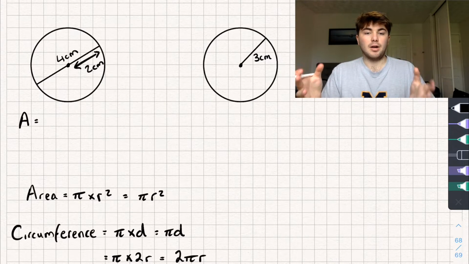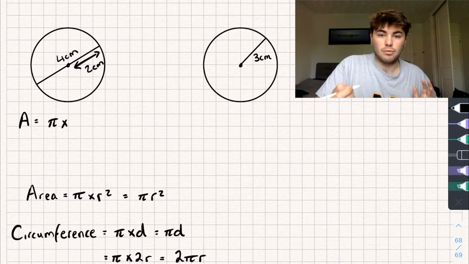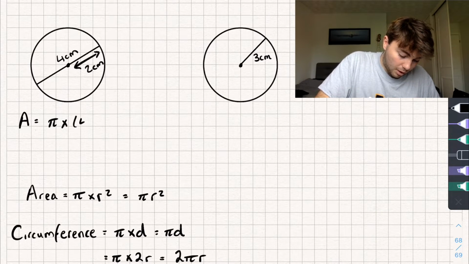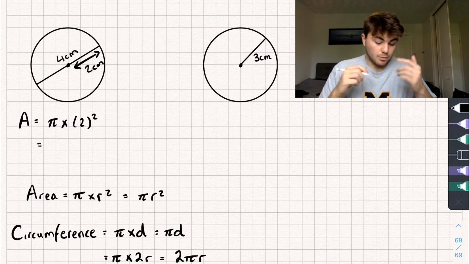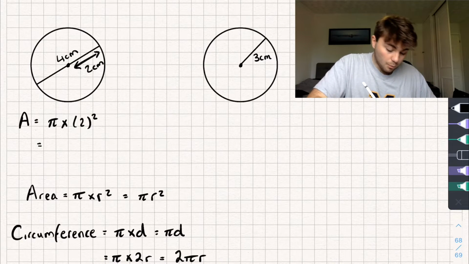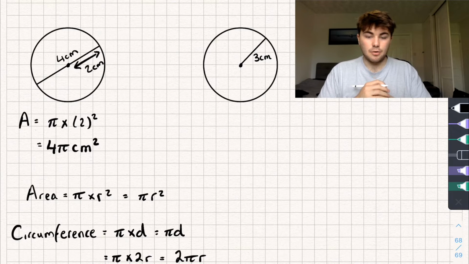And so I'm just going to put that radius into my formula and I get pi multiplied by the radius squared. Well, the radius is 2, so it's going to be multiplied by 2 squared. And then if we work that out, we'll get, well, 2 squared is 4, 4 times pi, we get 4 pi centimeters squared because it's area.